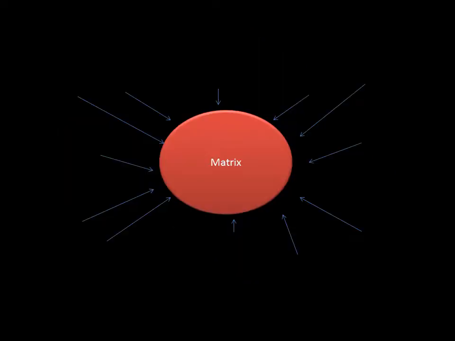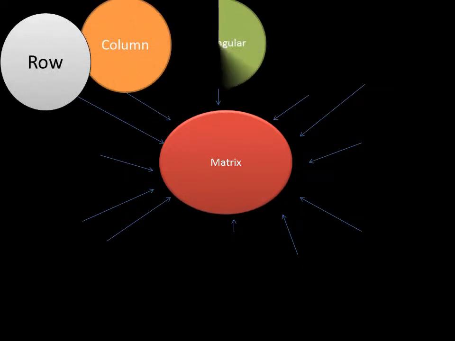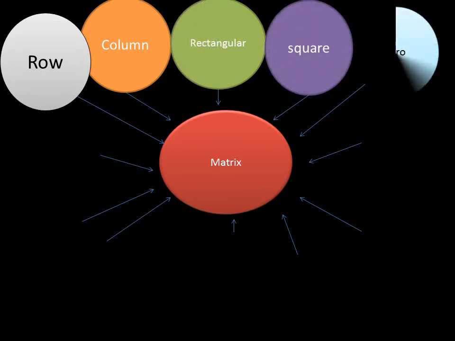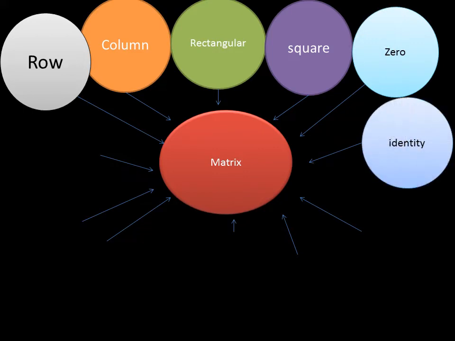Different types of matrices are known as row matrix, column matrix, rectangular matrix, square matrix, zero matrix. It is also known as null matrix, identity matrix, and it can also be called unit matrix.